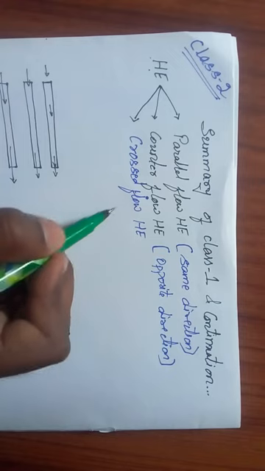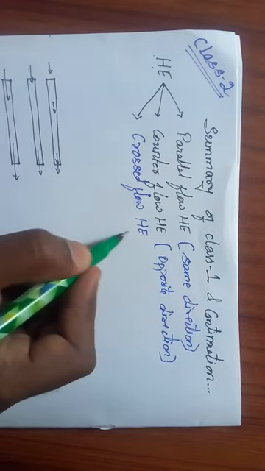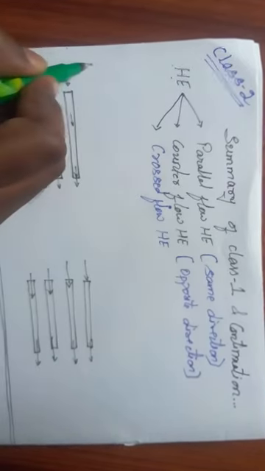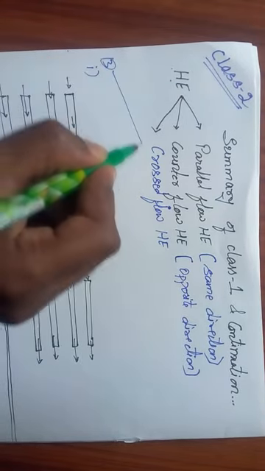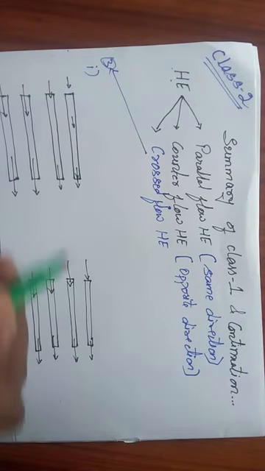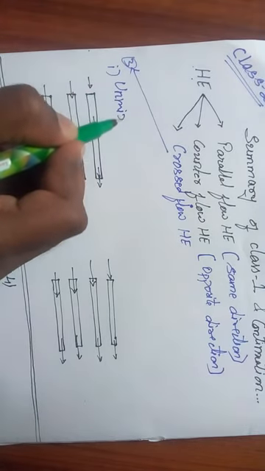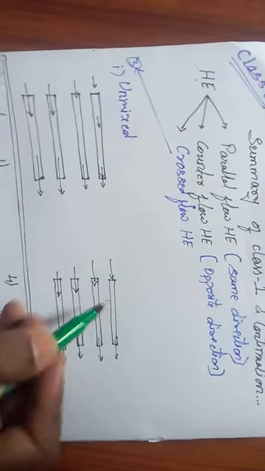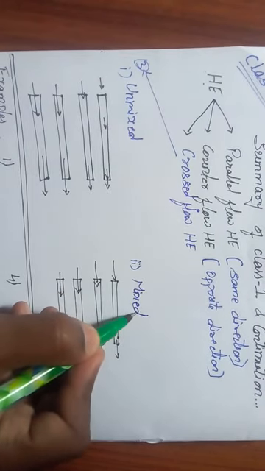Now under these cross flow heat exchangers, there are again two subclassifications. These cross flow heat exchangers are classified into two different categories. One is unmixed flow, and the second one is mixed flow.